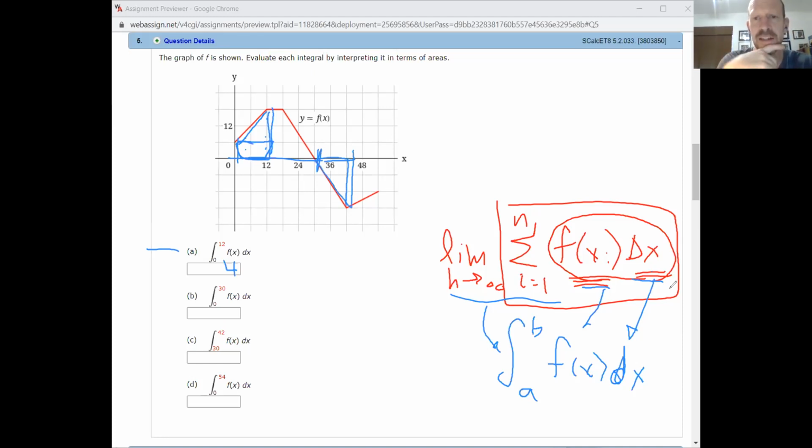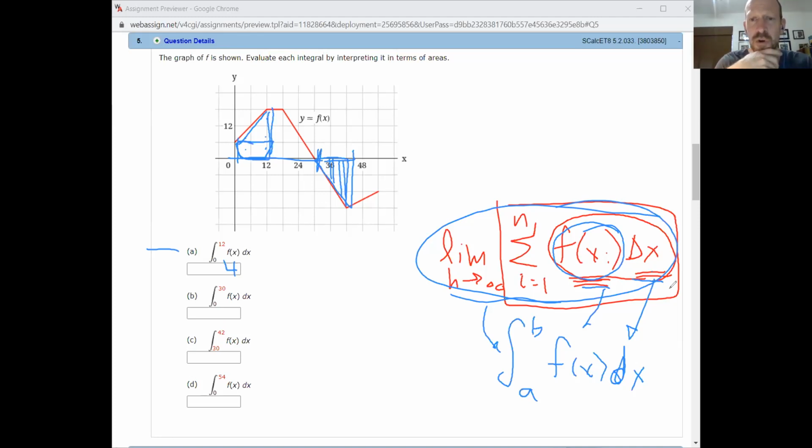That chunk there is below the x-axis. So if I imagine doing this definition, because that's really what the definite integral is doing, every time I found the function value, it would give me a negative value. All the heights there are negative. So it would give me the negative of what the actual area would be.